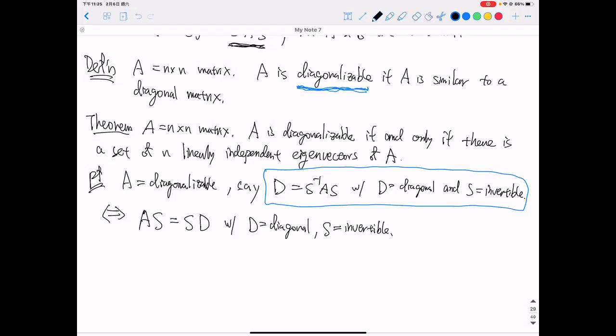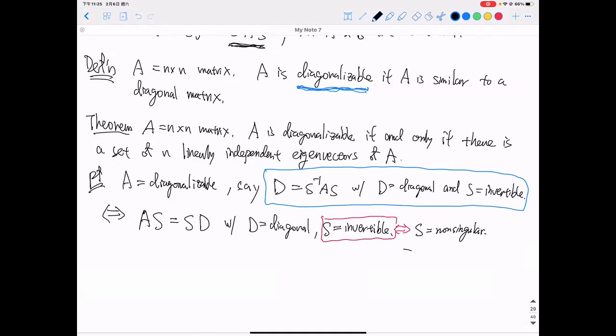Okay. Now, S invertible here, as we talked about before, is equivalent to S being non-singular, right?